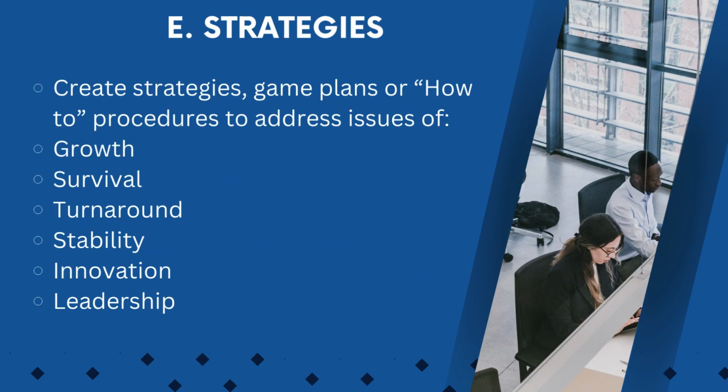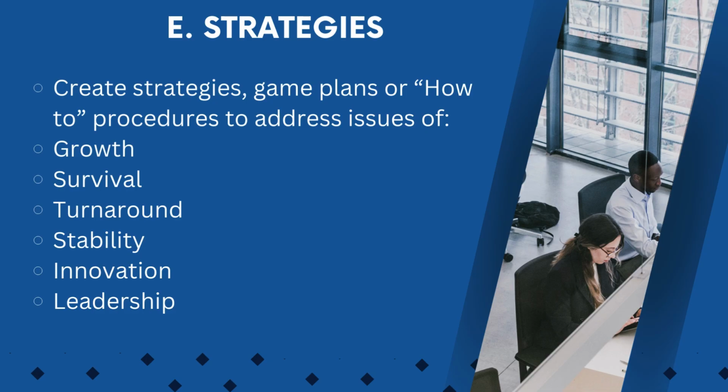Next, move to strategies. At this point, we know what the organization is all about: mission. What it wants to be in the future: vision. And some intermediate steps to follow to get there: goals. What remains is a discussion of how to fulfill the mission and vision and how to achieve the stated goals.